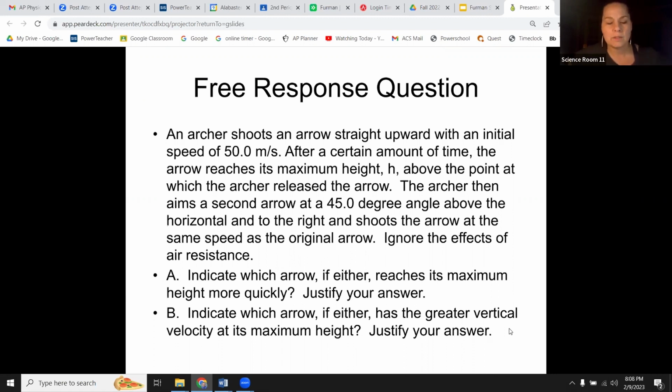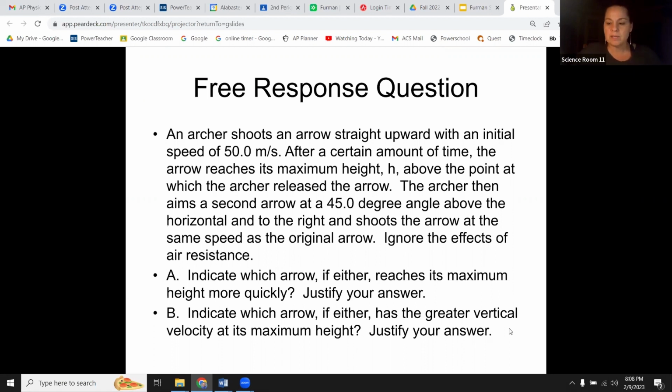Whether a slope is positive or negative is different than whether a slope is increasing or decreasing in steepness. Those are 2 different properties on that position time graph, and they tell you 2 different things. So I just want you to be aware of that.